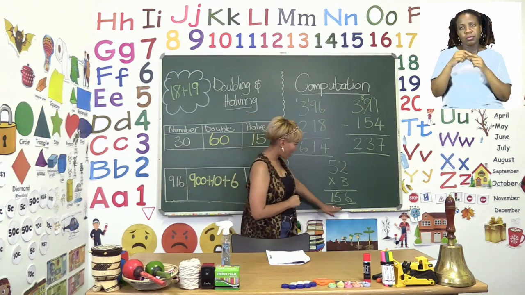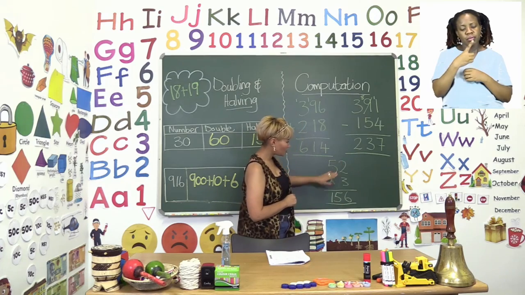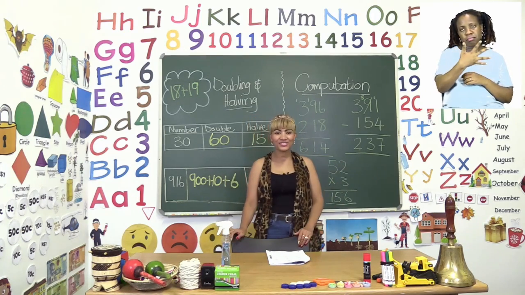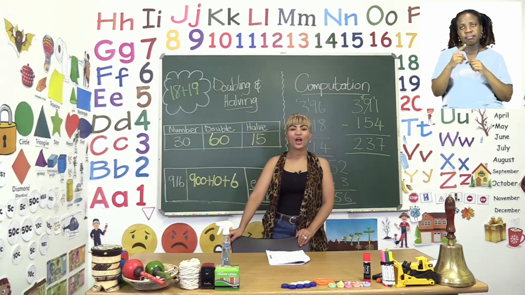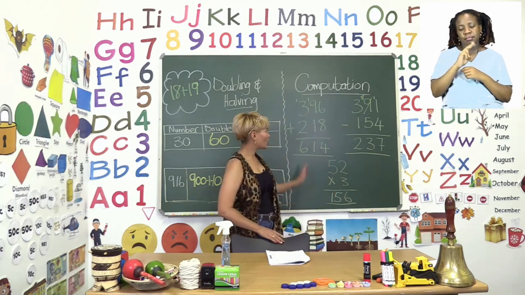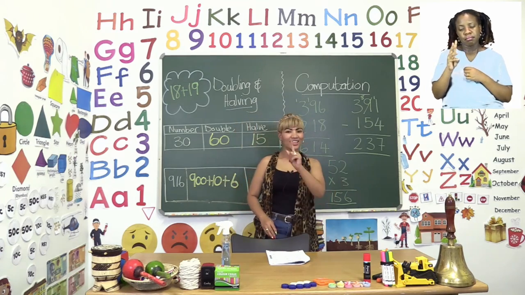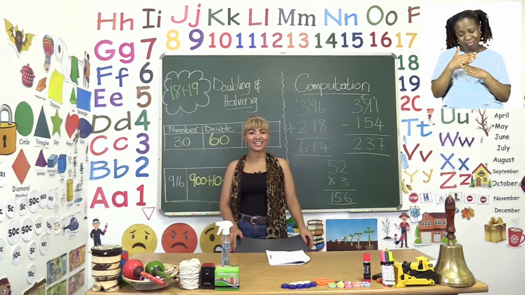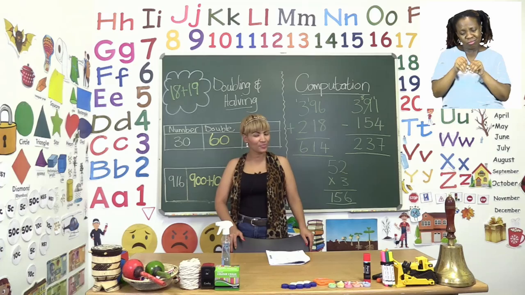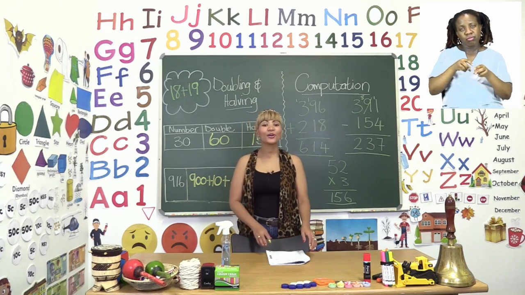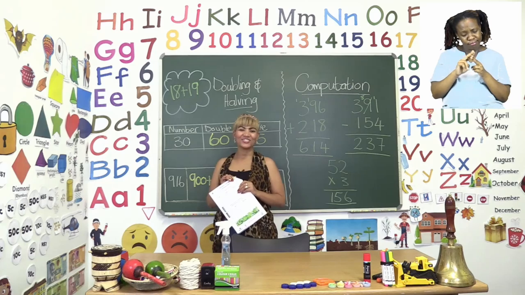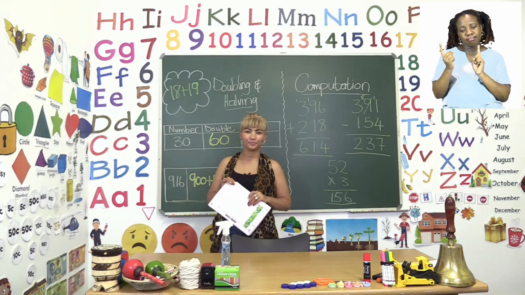So there we have our answer. 52 times 3 is 156. Now everyone, I want you to go back to these examples and then you use the same method to complete all the other computation sums. Now boys and girls, I'm going to leave you to quickly finish all your sums. So I'll see you after this ad break.